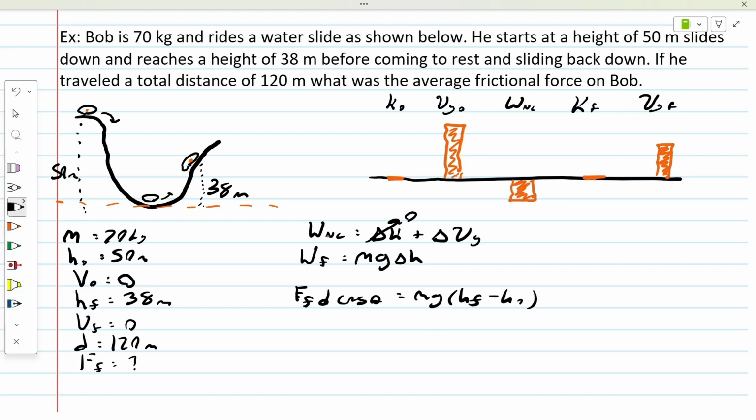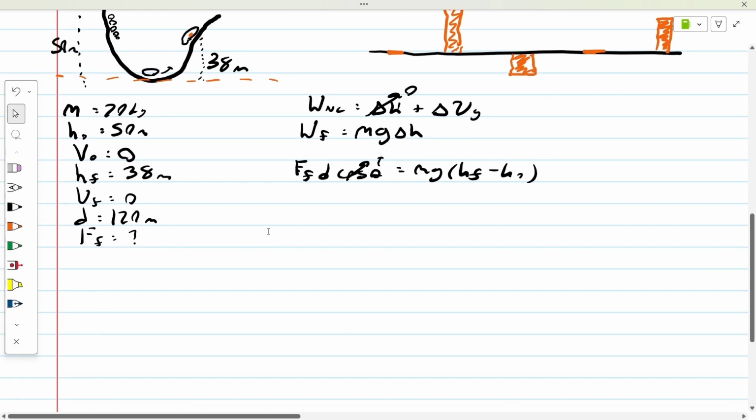And so this cosine theta is going to go to 1, because at every single point that he's traveling, the force of friction is in the opposite direction of the motion he's traveling, so this will actually be -1. And so now we can rearrange this equation and solve for the average frictional force here.